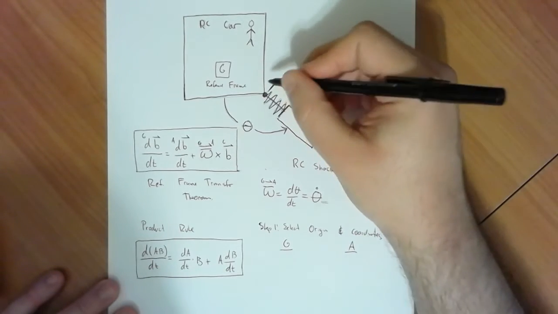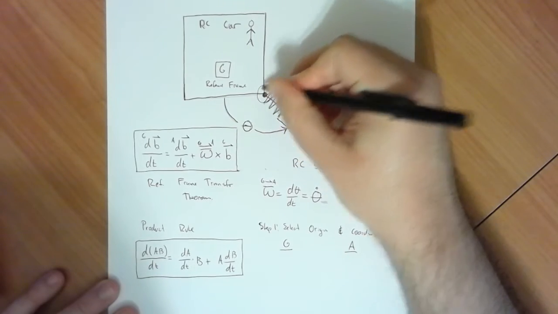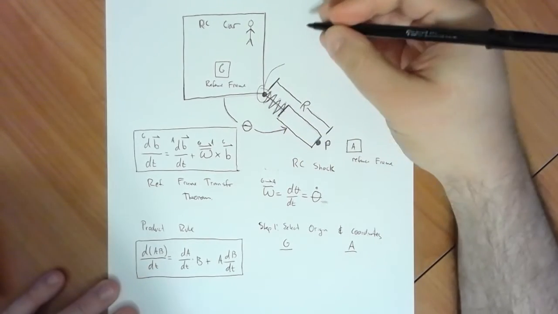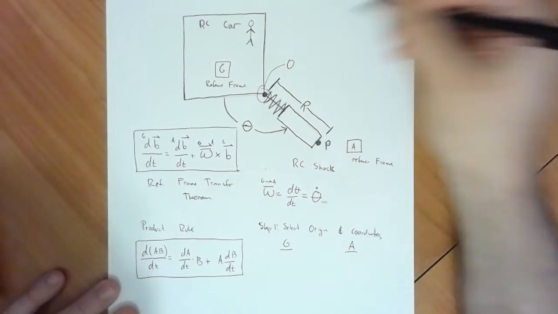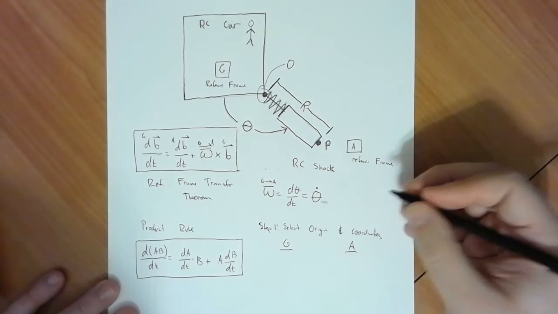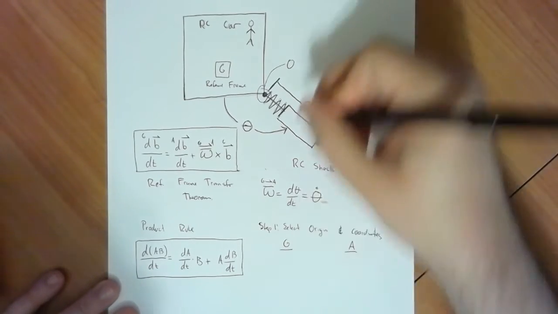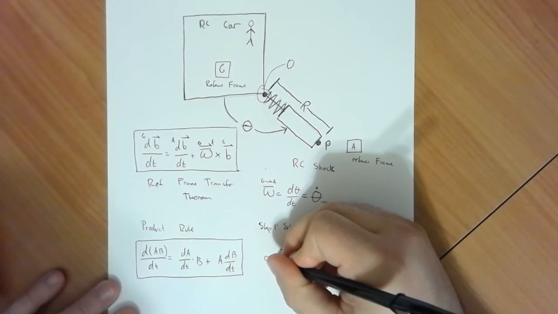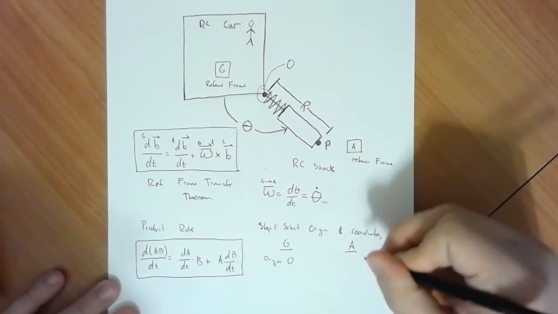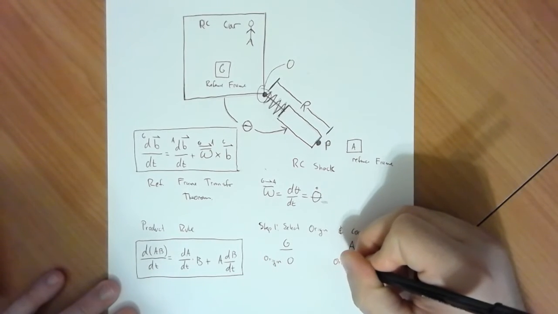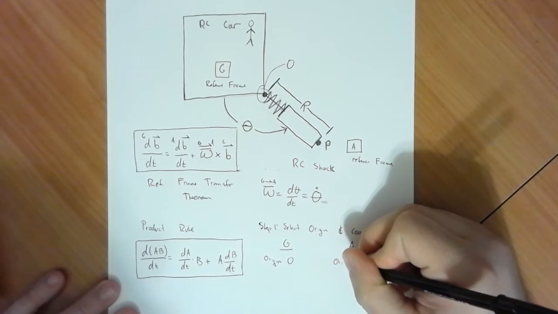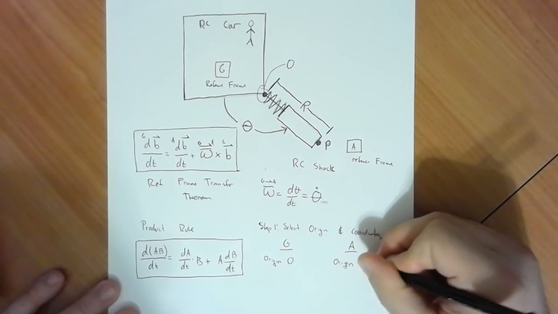That occurs right here at the connection. So we'll call this point O for origin. For G, the origin is O, and for A, the origin is also O.